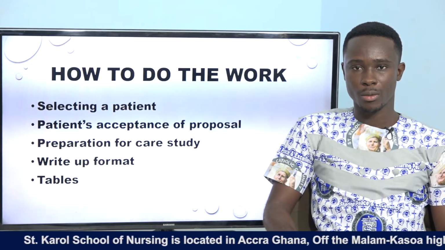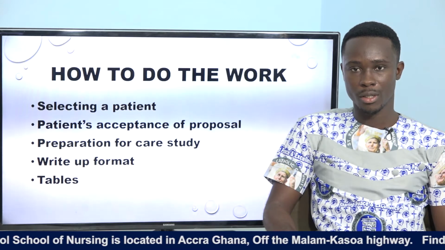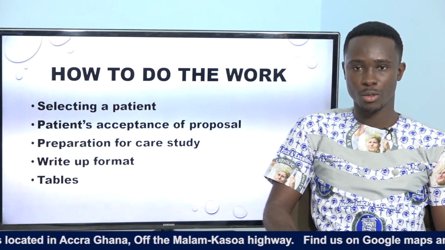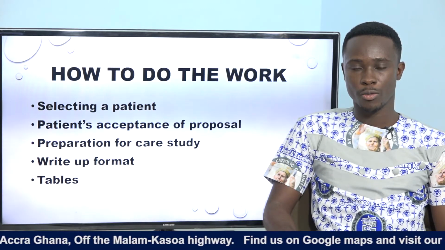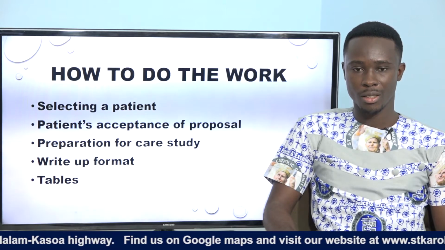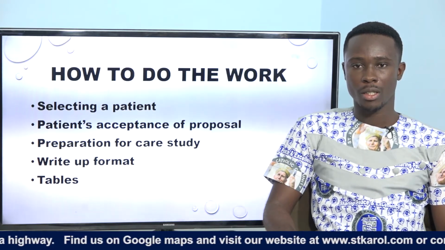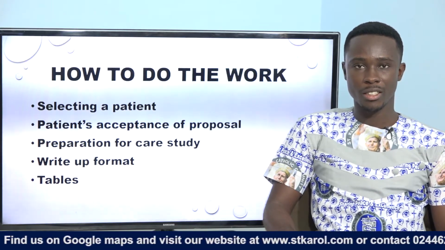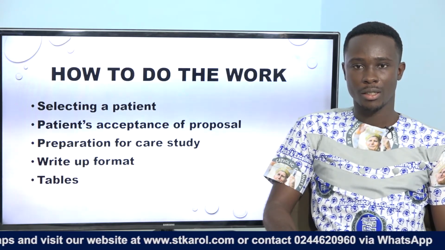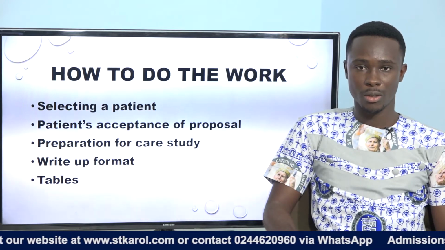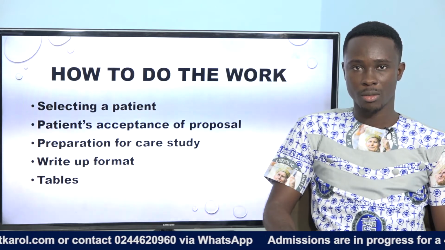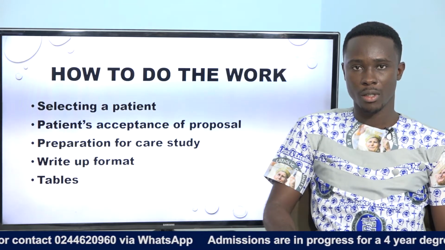So with that, we'll be looking at how to select a patient, how to get the patient's consent to do the care study, or for the patient to accept you to use his condition for your write-up, and your preparation for the care study, the things that you need for the care study, and how the care study is going to go, and how the tables and all that come into play. So that is basically what Model 6 is going to talk about.